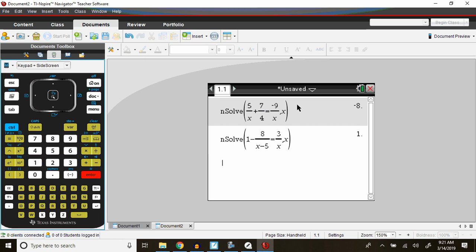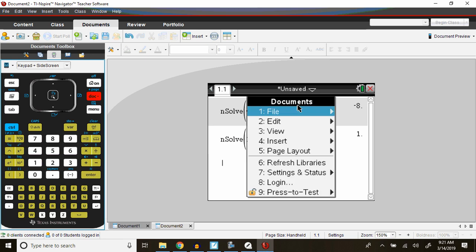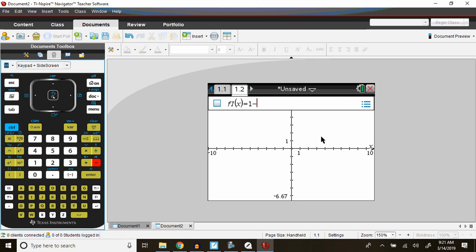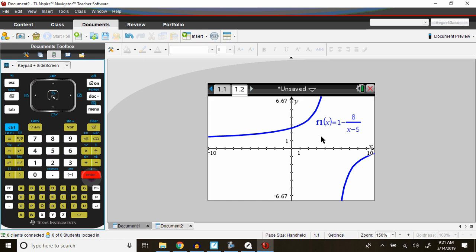So another thing that we could do if we used the calculator is solve by graphing. We could graph that first expression, 1 minus 8 over the group of x minus 5, and then graph the second function, which was 3 over x.